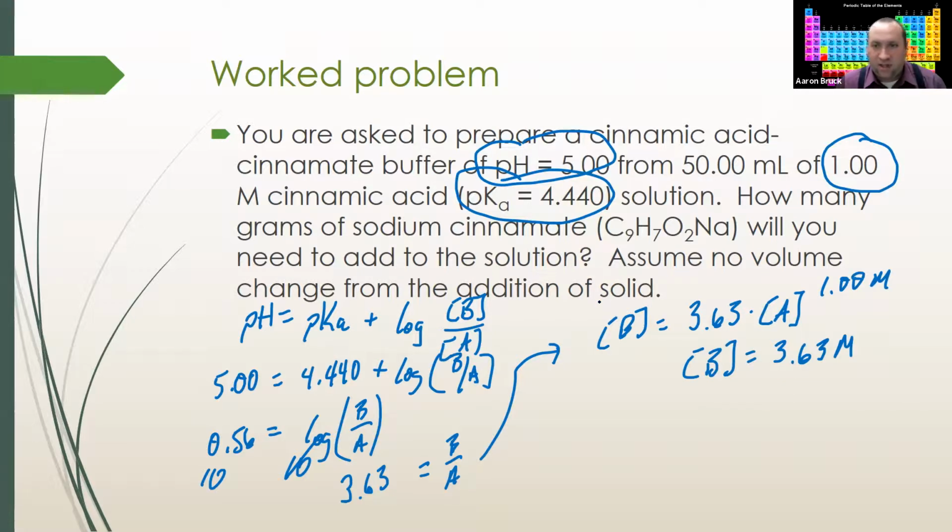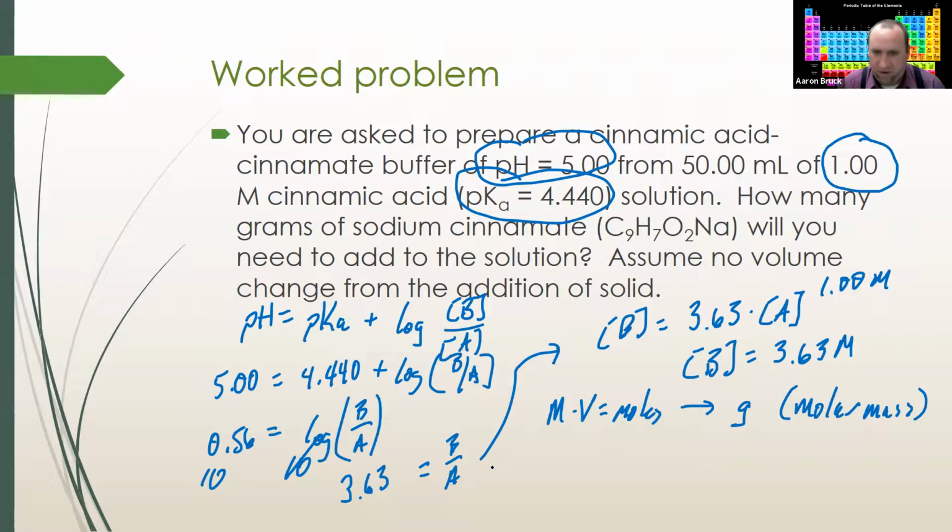How do I turn that into a mass? Well, I've got to use my solution characteristics. For that, I need to know molarity times volume will give me moles. And then I can convert those moles into grams using molar mass.